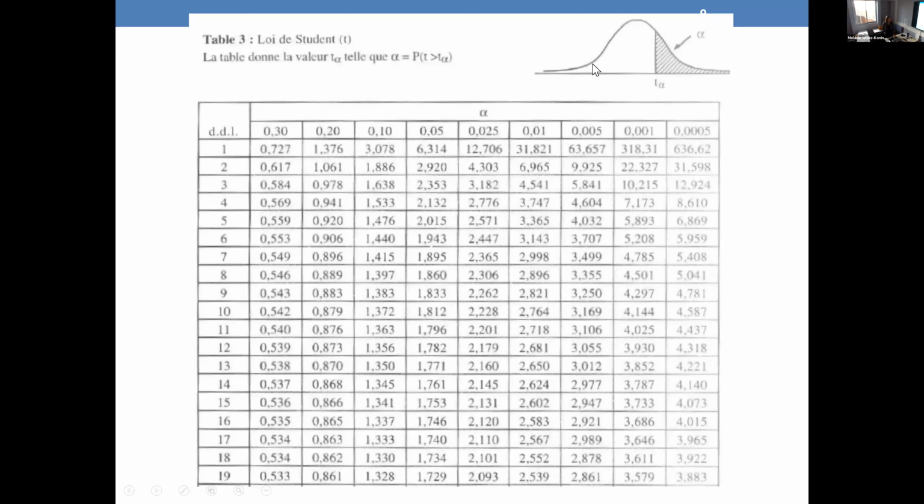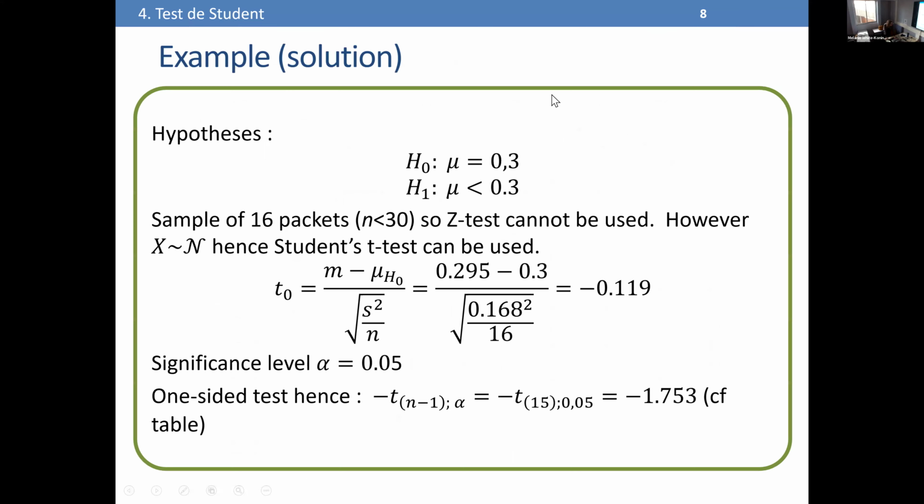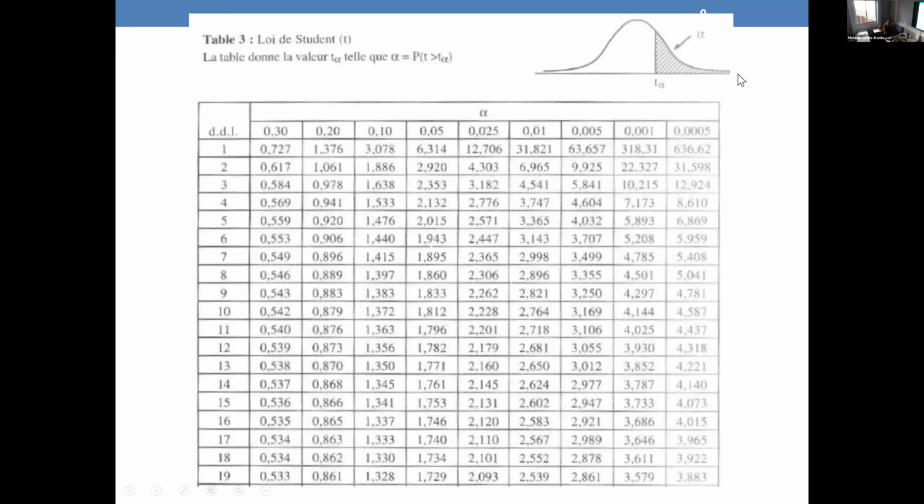So what we're now doing, if you remember the reasoning behind the test, is, I'll try and stay at the book here because we'll run out. But you remember we said, if the null hypothesis is true, si l'hypothèse nulle est vraie, then the distribution of this test statistic should be a student distribution with 15 degrees of freedom.